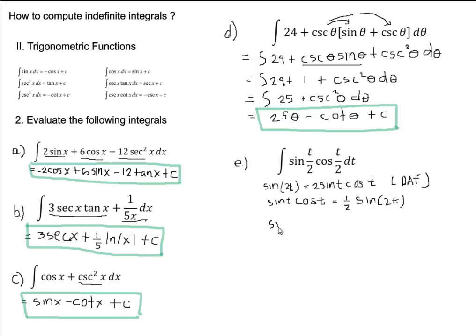Therefore, sine t over 2 cosine t over 2 is equivalent to 1/2 sine of 2 times t over 2, cancel the 2. So, yeah, t.